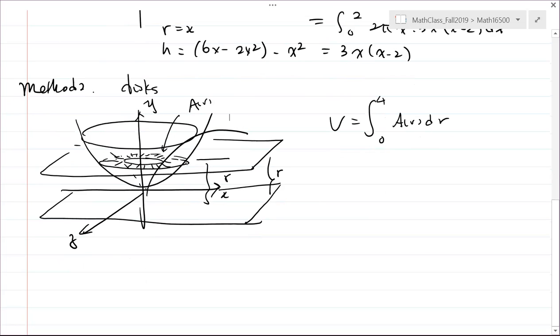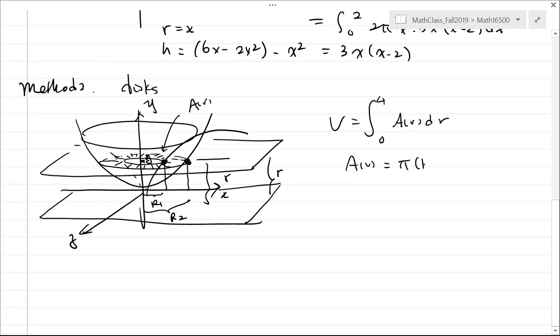But this cross section, for the same y value, see, this is the y value. What is A(r)? A(r) is going to be this region. You see, this is the radius. This is R1, this is R2.